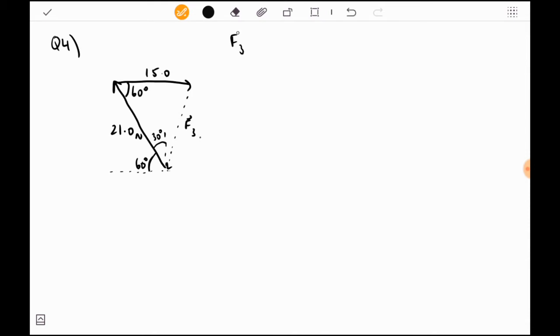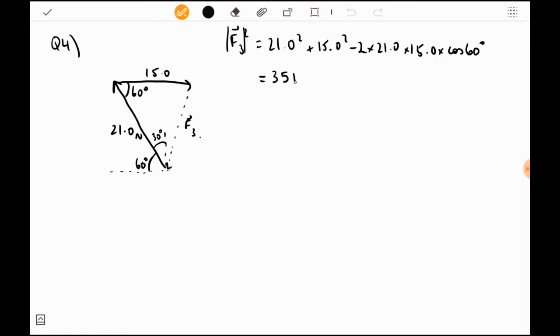So I can go, the magnitude of F3 squared is equal to 21.0 squared plus 15.0 squared minus 2 times 21 times 15 times the cosine of 60 degrees. So this equals 351. This is a really nice round number.